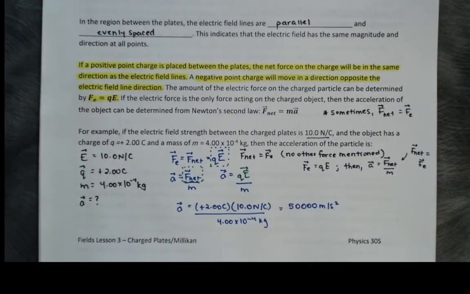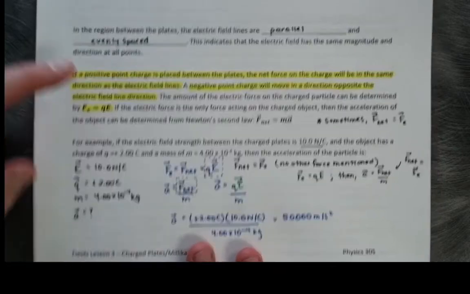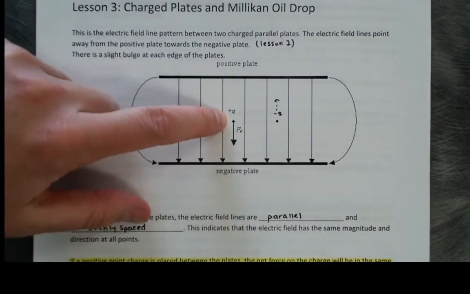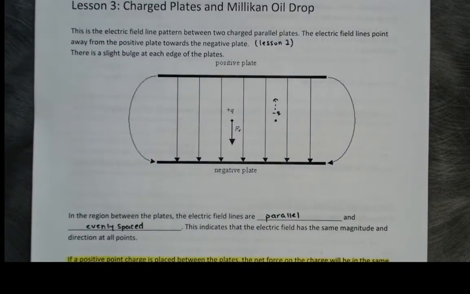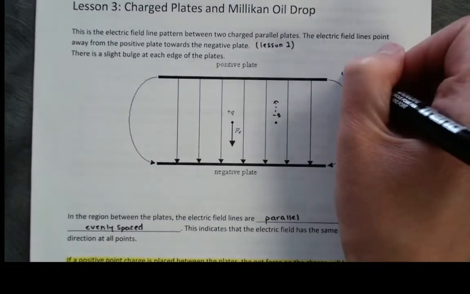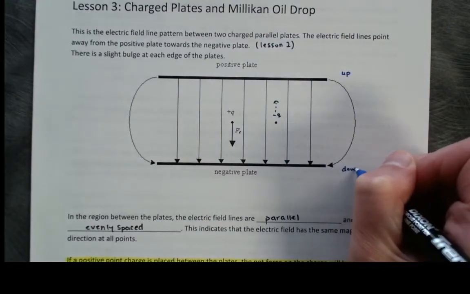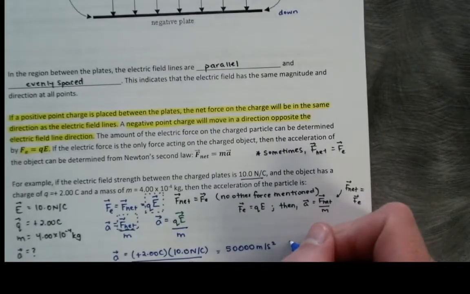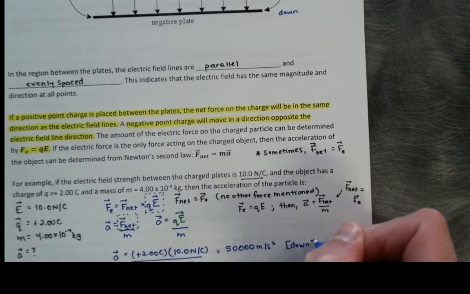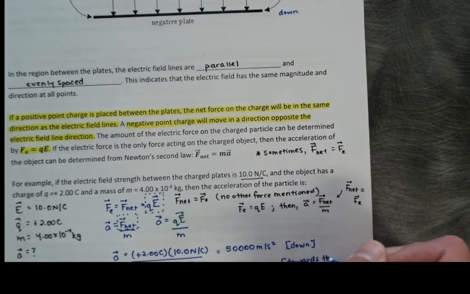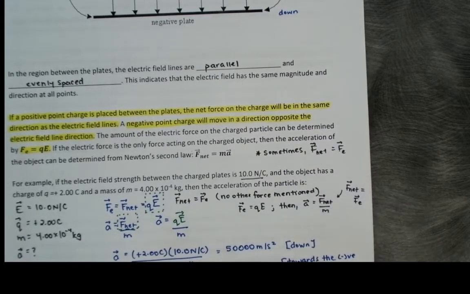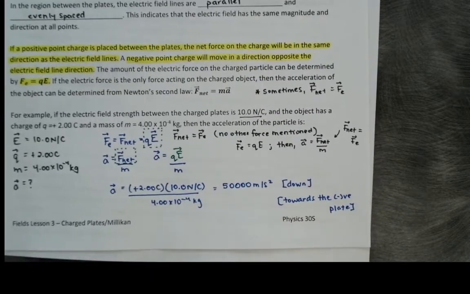The last piece we need to consider is the direction. Because this charge is positive, it's going to want to go towards the negative, or in this case, down. So this is up, this is down, it's going to want to go down. Or we could say towards the negative plate. Both of those are perfectly acceptable.